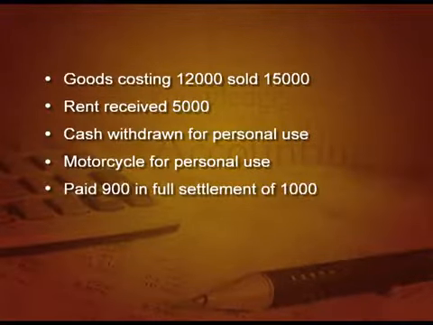See the next one, very important. Paid 900 in full settlement of 1,000. So you have to pay 1,000, but you are paying 900. So you are earning a profit of how much? 100 rupees. So now cash minus 900, and 1,000 will be deducted from the liability creditors, because ultimately your creditors get settled for 1,000, but they are getting 900.